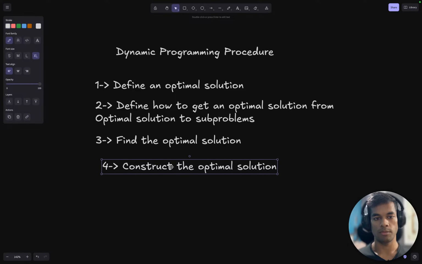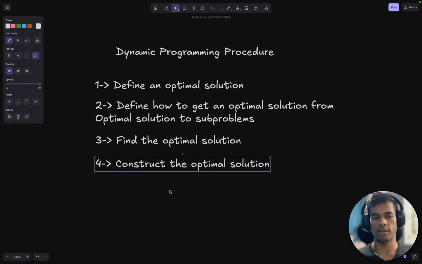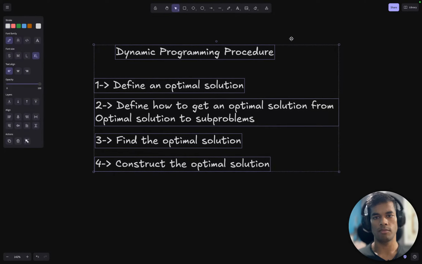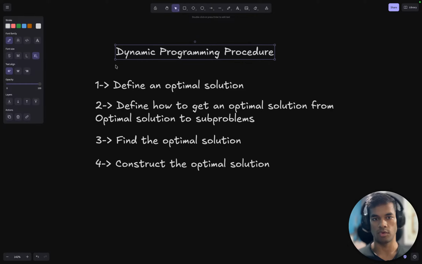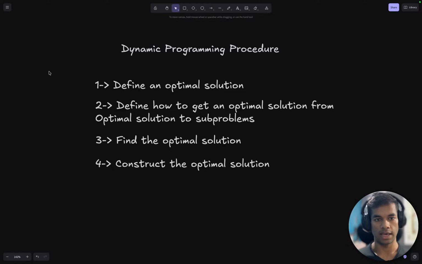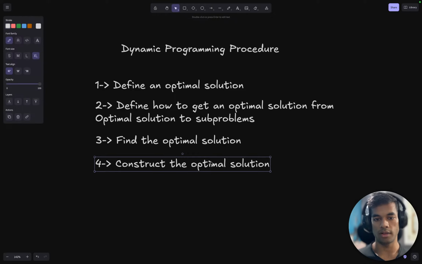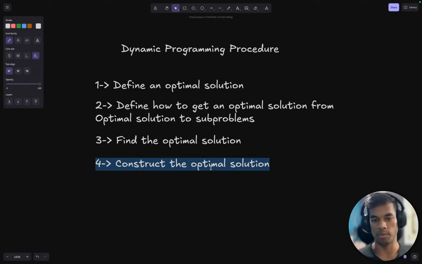And this fourth step we don't always have to do, because most of the time the problem only involves outputting the optimal value that you are finding out, not the solution which gives that optimal value.